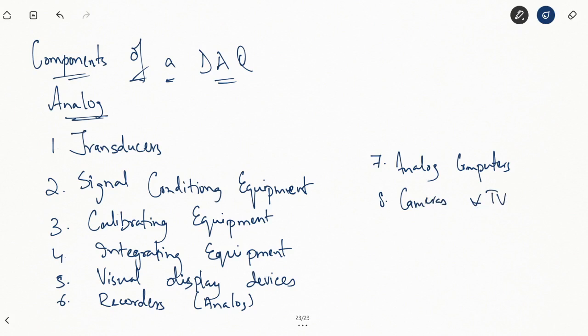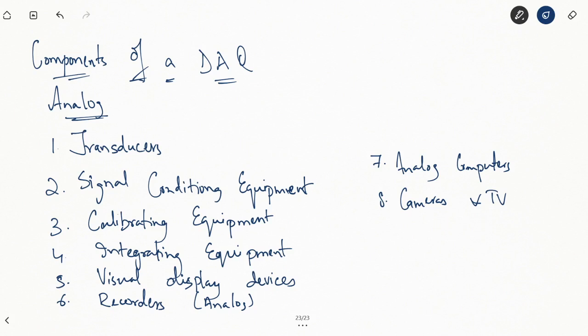Now we have already studied transducers in detail. We know basically that a transducer simply converts one form of energy into a measurable form of energy, that in our case mostly is an electrical form of energy, and we have studied different types of transducers as well.